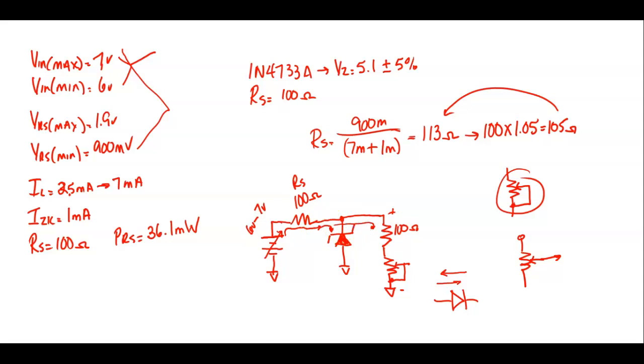The load and the zener. But I know I can calculate total current. So what I can do, instead of measuring total current, I can say I total would be equal to what? VRS divided by 100. Without doing what? Without breaking the circuit.